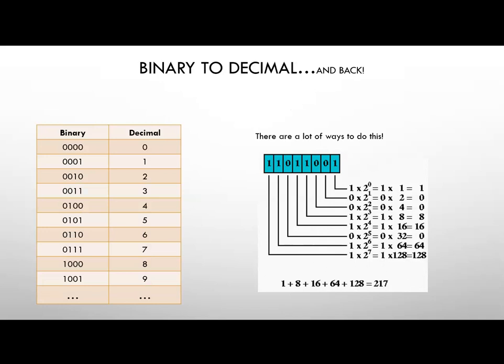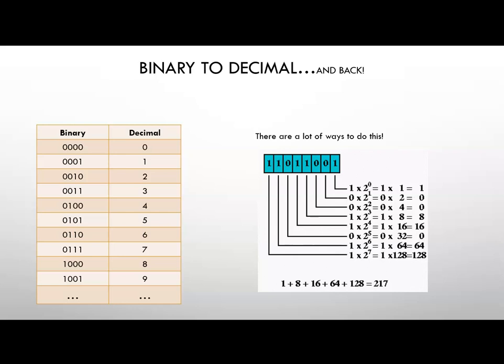In binary, so when we talk about analog to digital conversions, we also have to think about binary to decimal conversions, because the computers do this too. So if we're saying that we have 64 shades of gray, we have to know how to convert that 64 into a binary number.